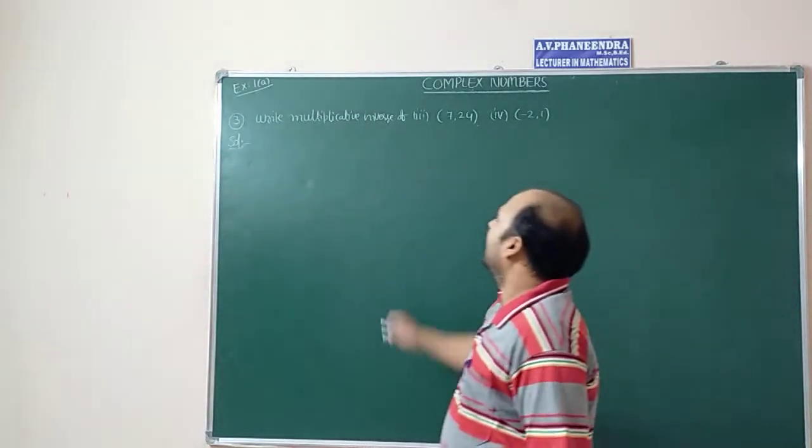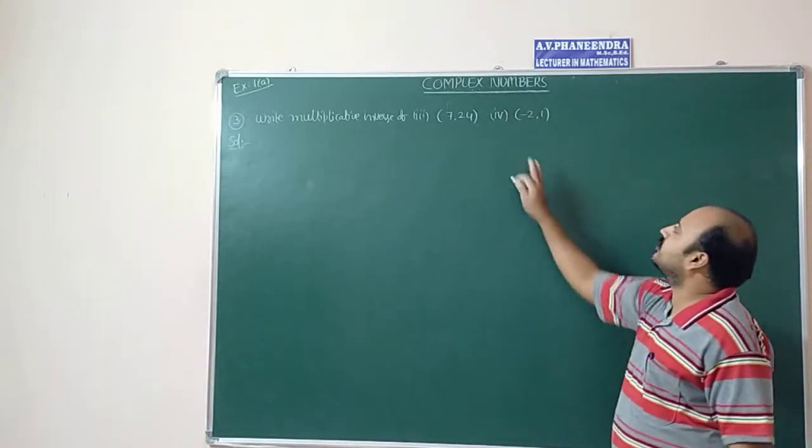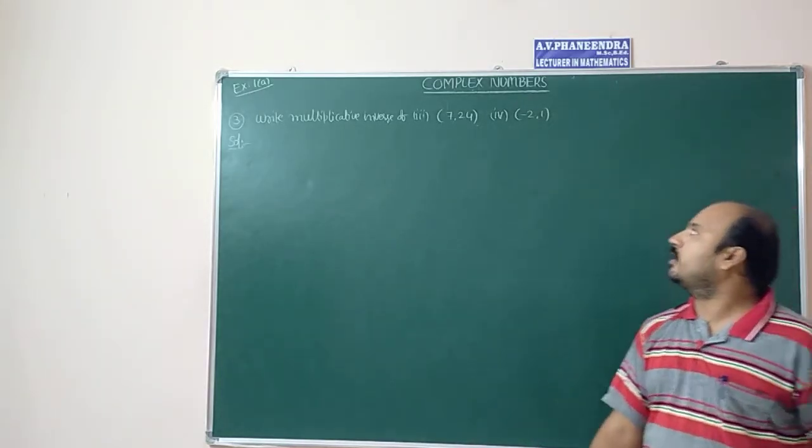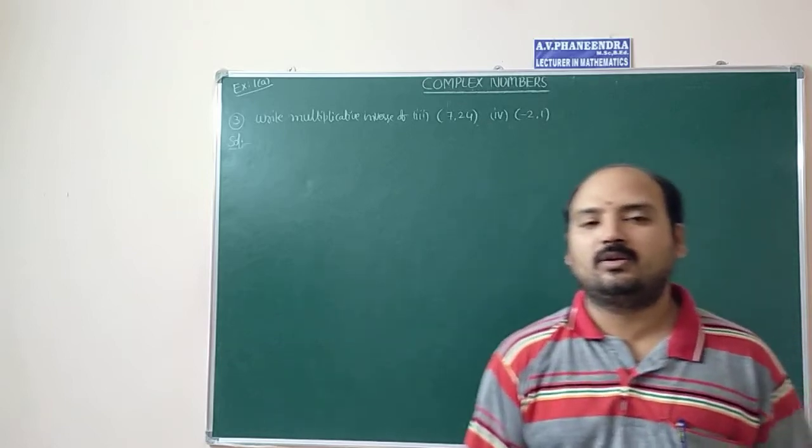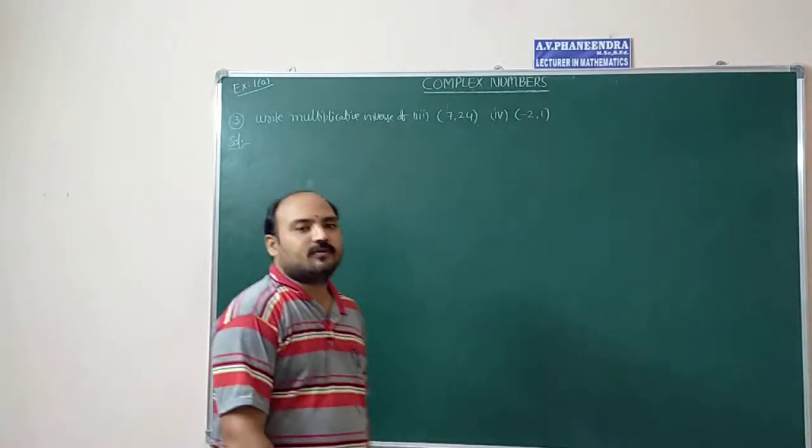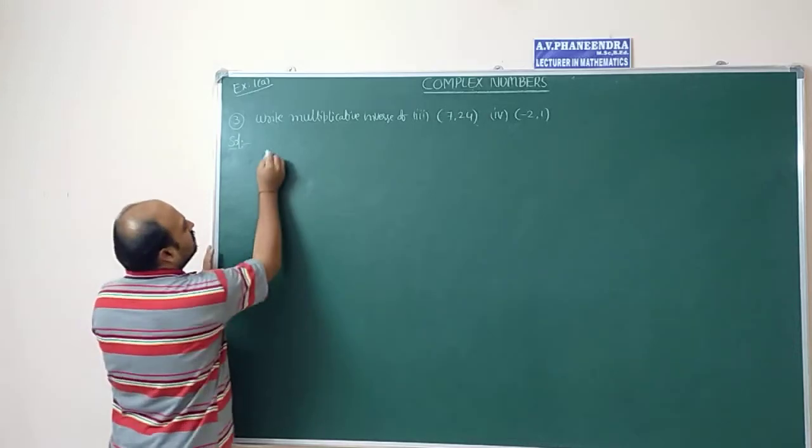Next question. Write the multiplicative inverse of these two complex numbers: 7 comma 24 and minus 2 comma 1. First of all, what is multiplicative inverse?